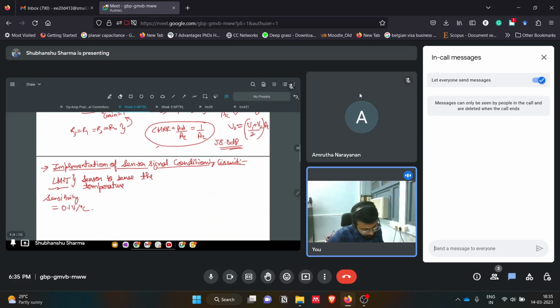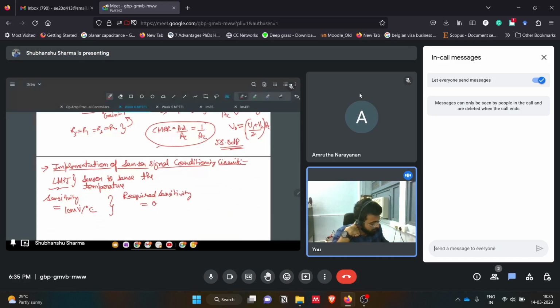Sorry, wait. It is 10 millivolt per degree Celsius. But the sensitivity which we need for our input, the required sensitivity, is 0.1 volt per degree Celsius.